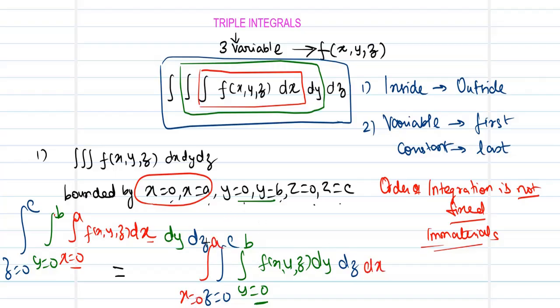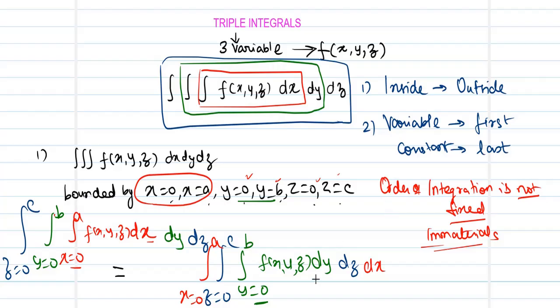So when the limits are in terms of constants, the order in which you evaluate is not going to matter. It is not fixed. You can integrate it whichever way you are comfortable. So this is about the constant limit.